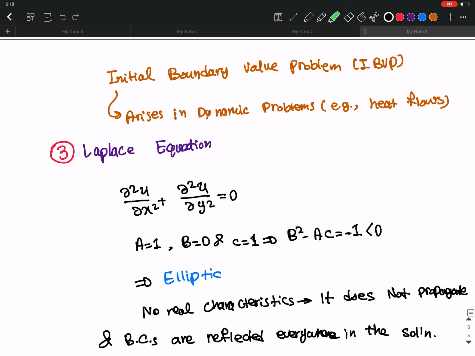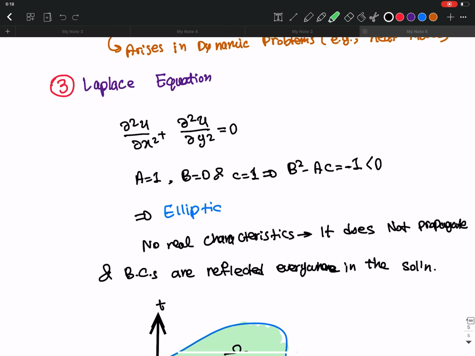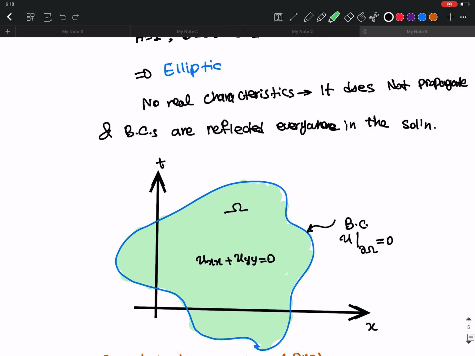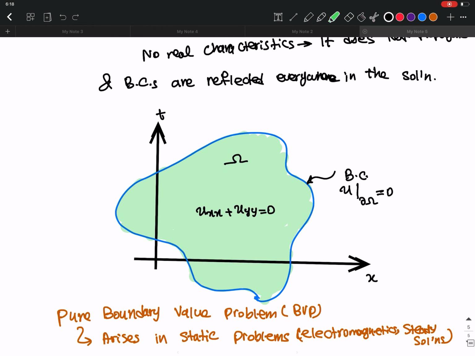And lastly, we talked about the Laplace equation, which is an elliptic equation, and the boundary conditions are reflected everywhere in the solution of this domain. And this one is a pure boundary value problem.